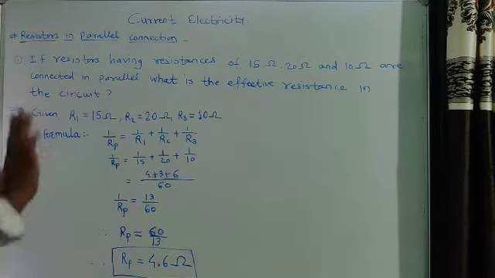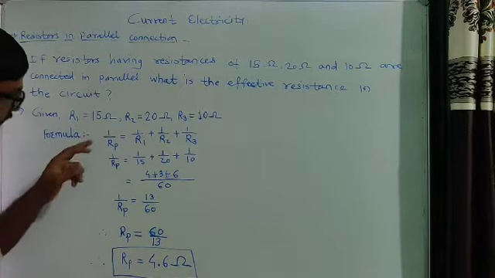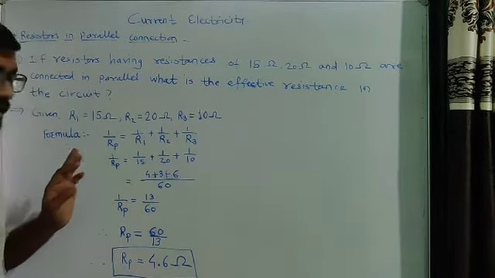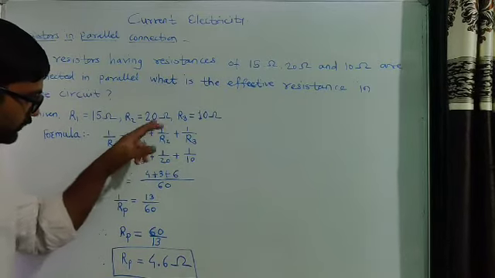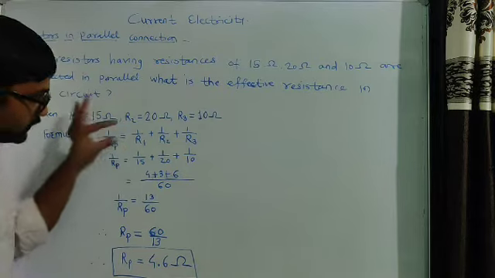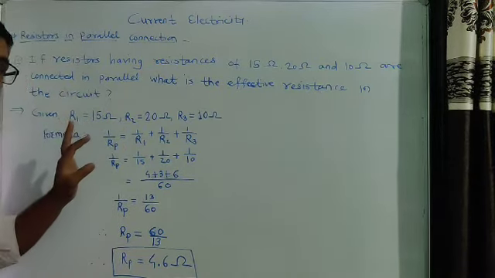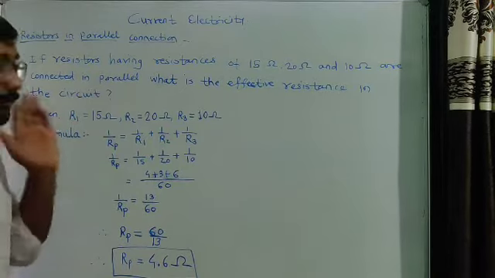Now the formula to calculate resistance in parallel, that we have also studied, is 1 by Rp is equal to 1 by R1 plus 1 by R2 plus 1 by R3. This is how we can calculate the equivalent resistance when resistors are connected in parallel.